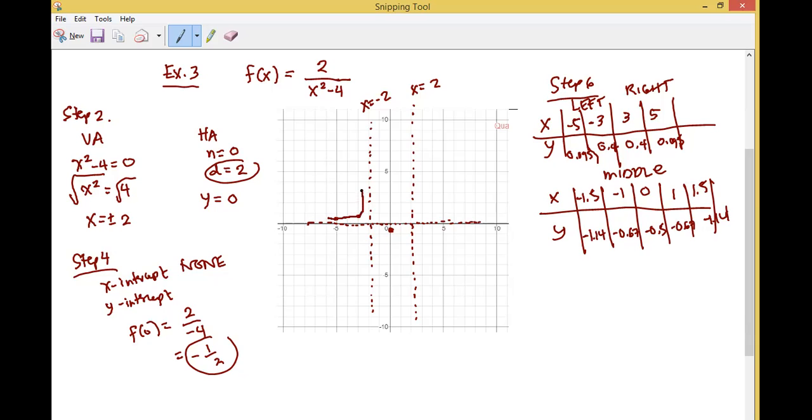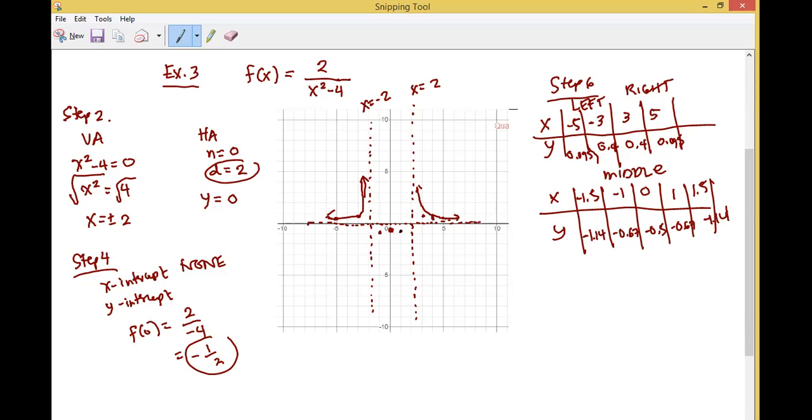Draw the graph. On the right side, it's still the same. Sorry, here. This one. In the middle, it will look like this one.